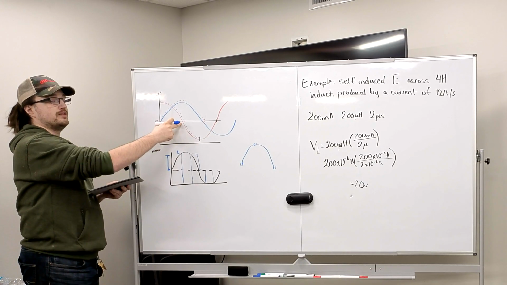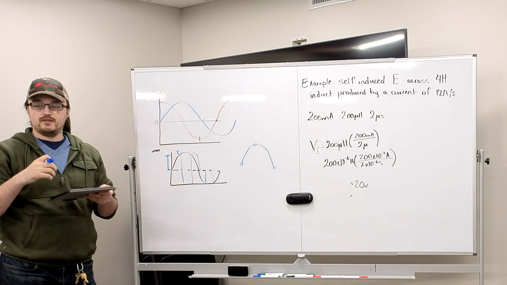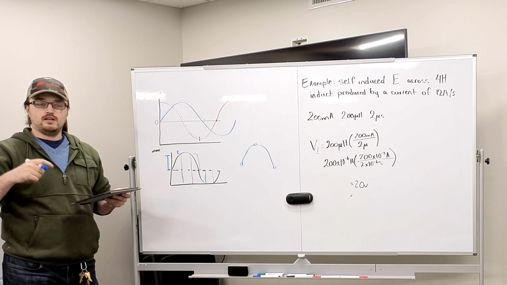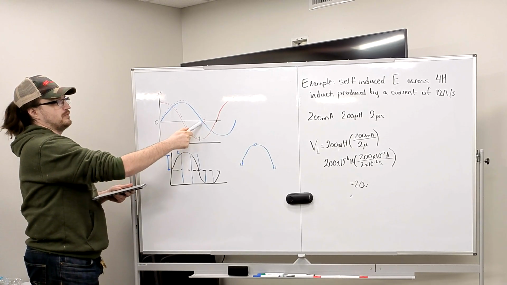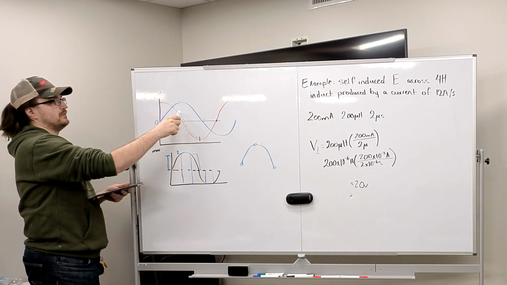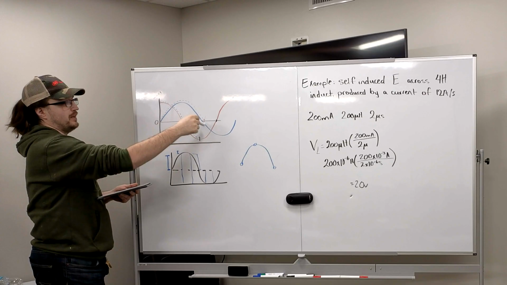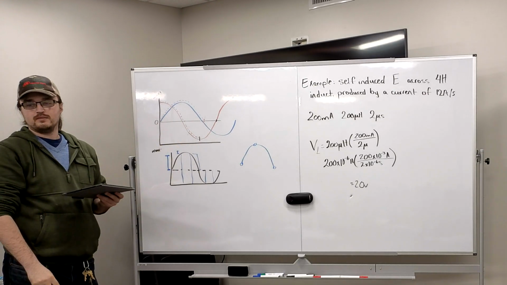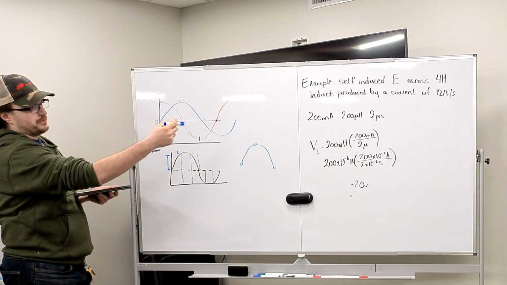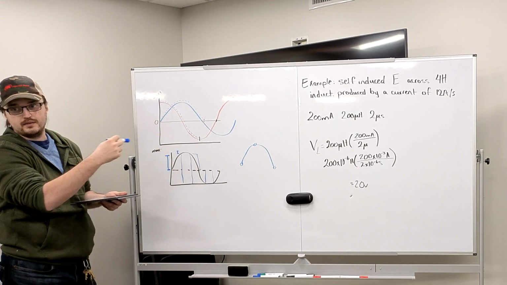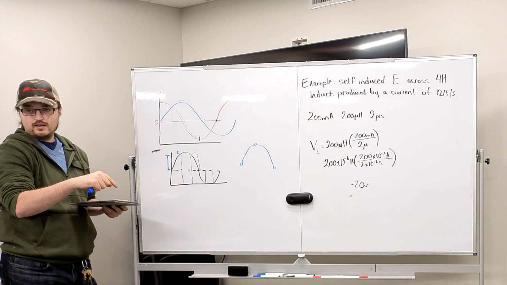Now that you've crossed the zero line, that magnetic field is now collapsing. So now it's cutting the conductors in the opposite direction. So now your amperage is going to start coming down and going into the negative. It's like when I drew that diagram over there with the left and right, and I told you the sides, whether it's positive or negative, depend on which way it cuts across.